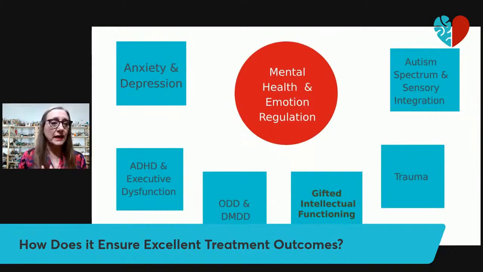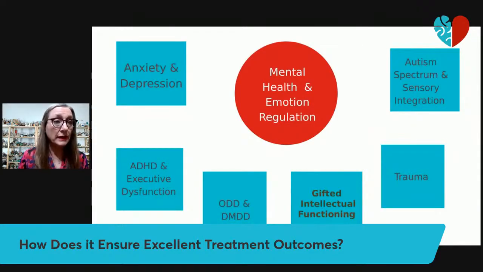We know anxiety and depression can result in some emotion dysregulation problems. We know kids on the autism spectrum and kids who have sensory processing problems can get dysregulated. We know kids who've experienced traumatic experiences can get dysregulated. We know kids with ADHD who have executive function problems, and emotion dysregulation is an executive function thing.